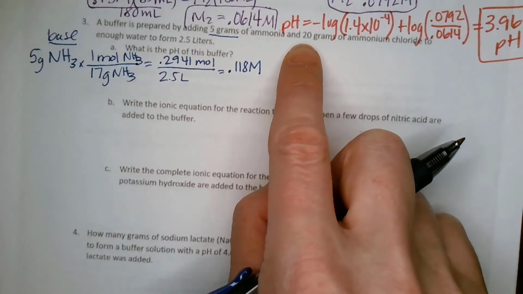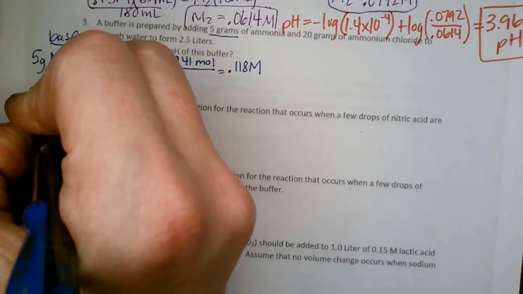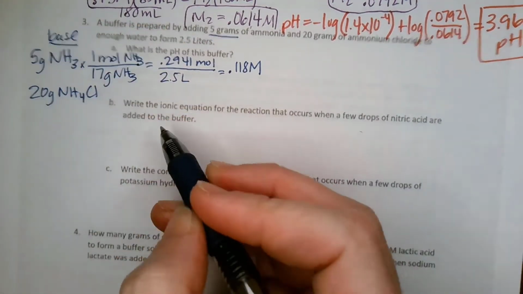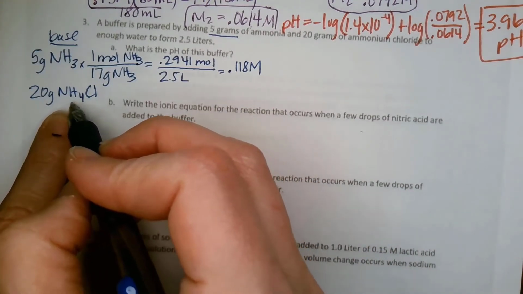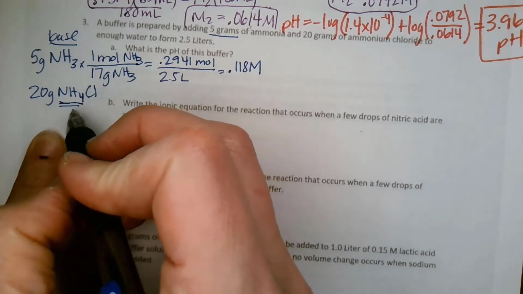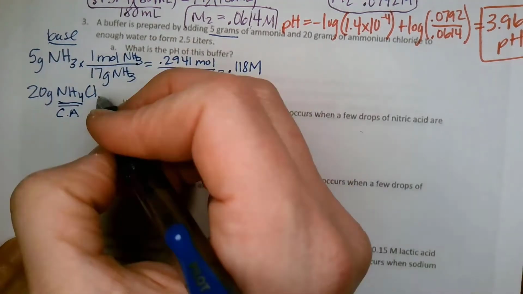Let's do the same thing with our 20 grams of ammonium chloride. NH4Cl, ammonium chloride. So this is going to be my conjugate acid, right? Our ammonium chloride is just going to be a spectator ion. So our conjugate acid, with that being my base.